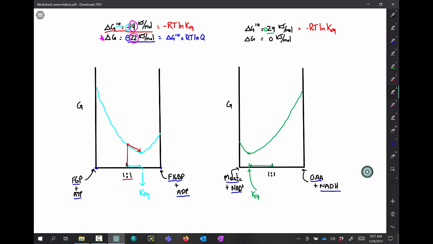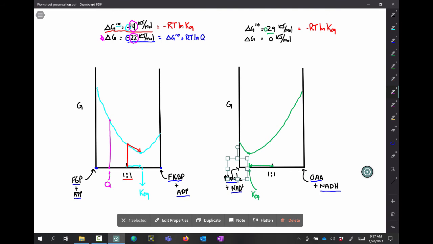So we could say it would be somewhere like here. And what that would indicate is that at that starting point, notice we're way up here now, we are at a much higher free energy and we are further from equilibrium.